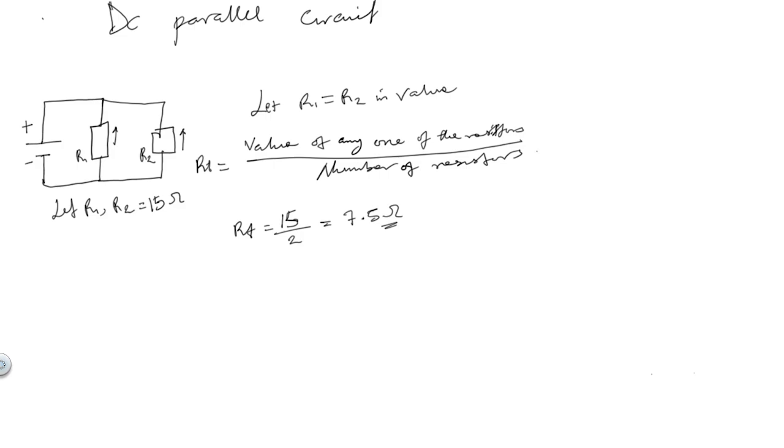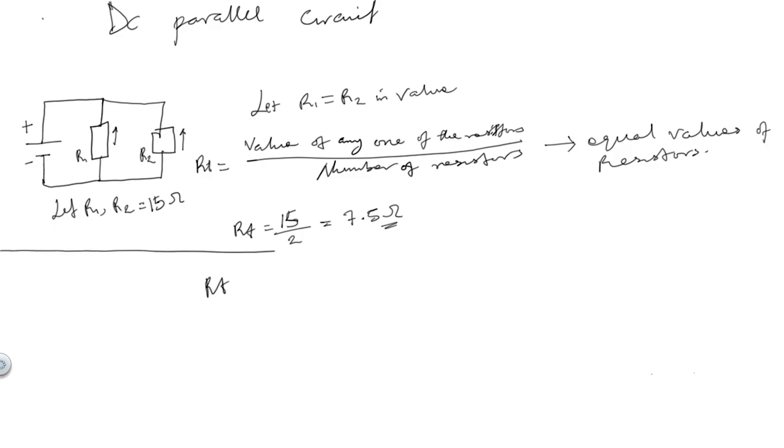This formula is for equal value of resistors. Alright, this second formula now, let's take RT. When the resistors are not of equal value, we would have this formula now holding.